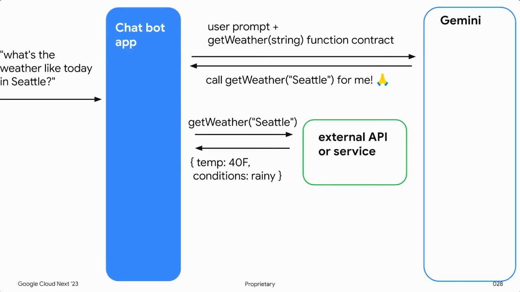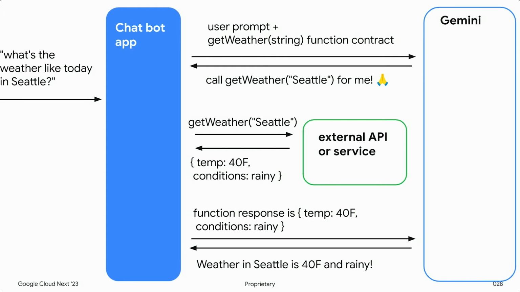The app makes a call to get weather in Seattle, and it will get back from the API 40 degrees and rainy. Then the app will send those results to Gemini, and Gemini will answer the customer question with 40 degrees and rainy. And I also have this image in the Colab as well.